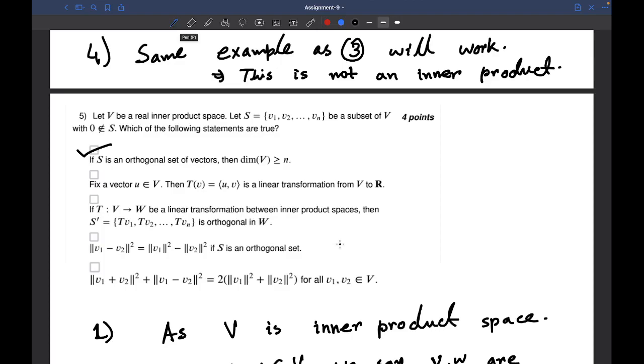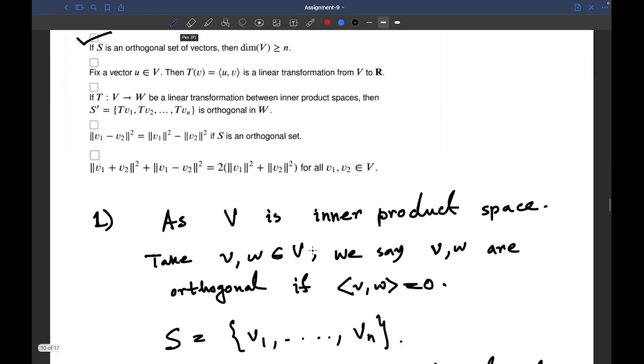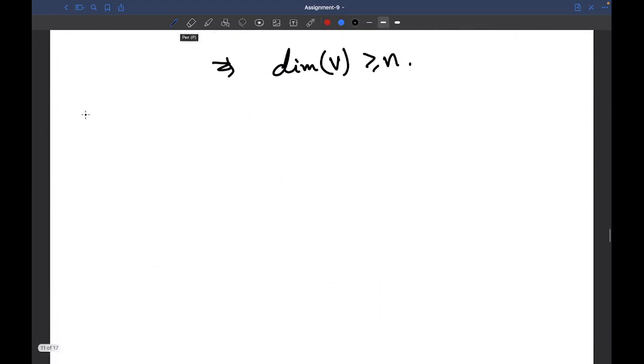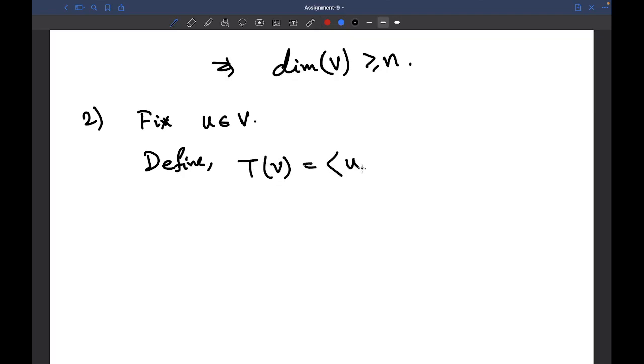Fix a vector u in V, then define the linear transformation T(v) equals u inner product with v. So you have to check whether this is a linear transformation or not. This is option number 2. Now they define T(v) as u inner product with v.